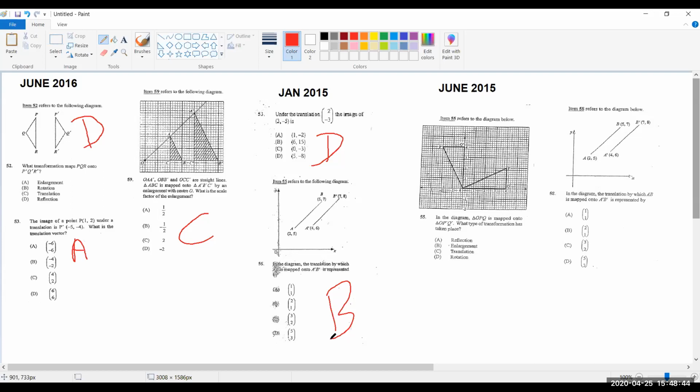And the diagram is mapped onto, okay, what type of transformation is this? Yes, it is a rotation. And of course, number 58 is a repeated question, so we know the answer here automatically is B.